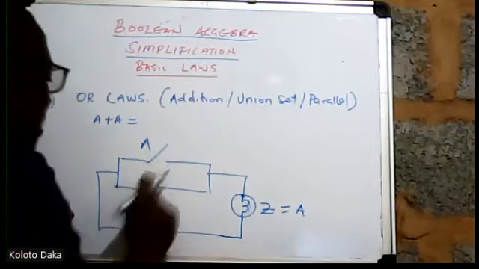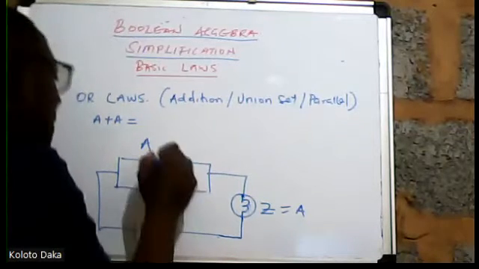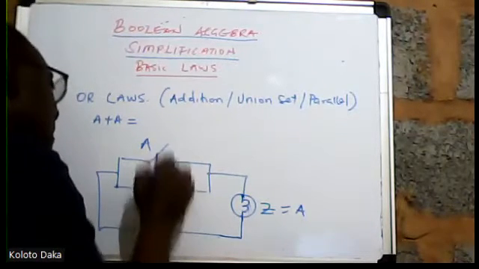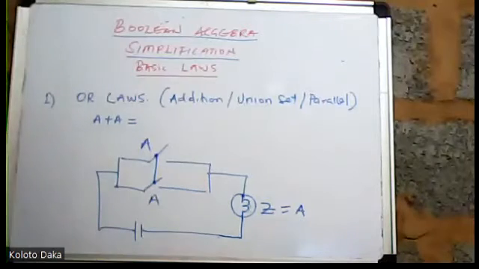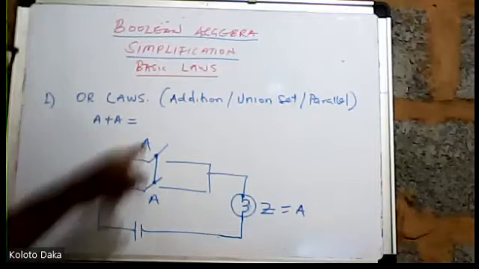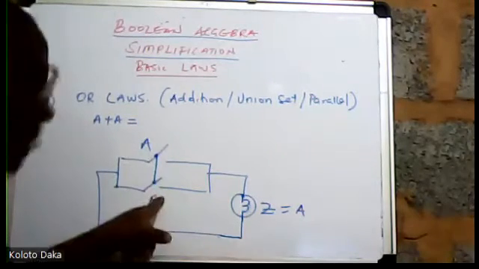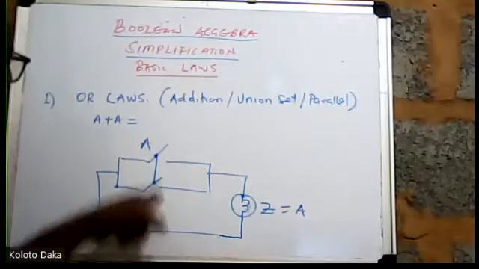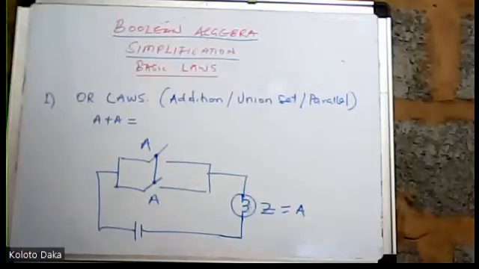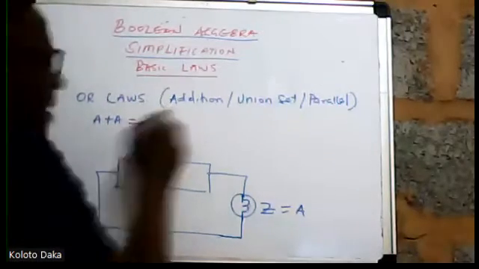A plus A means that these two switches are interlocked. When we close the top one, the other one is closed too. So A plus A will always be equal to A.